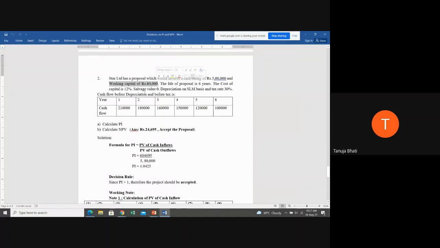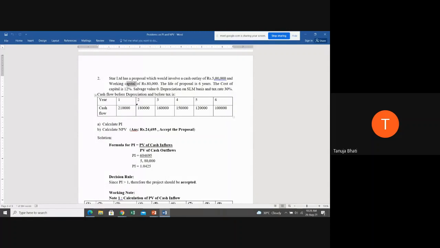Now, based on my explanation, can you all tell me whether working capital will be a part of inflow or outflow? Outflow, ma'am. Very good. So this working capital is an outflow because it is capital which you need to spend for the day-to-day work of the organization.